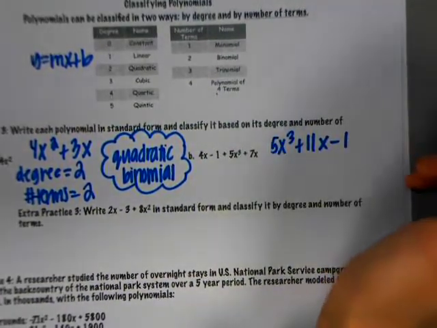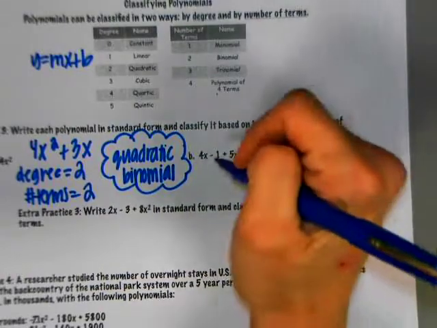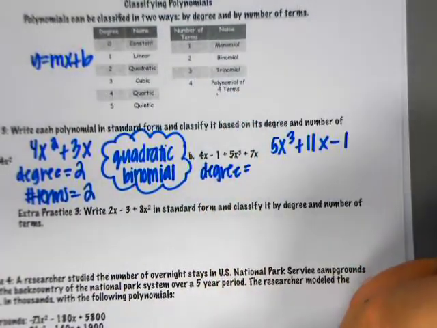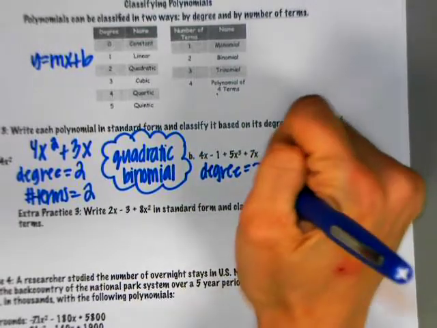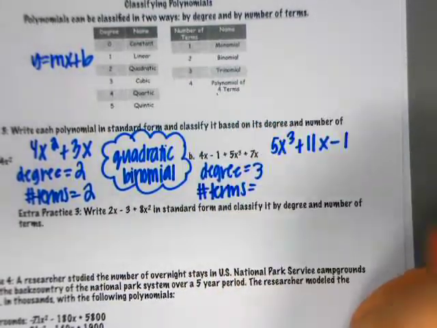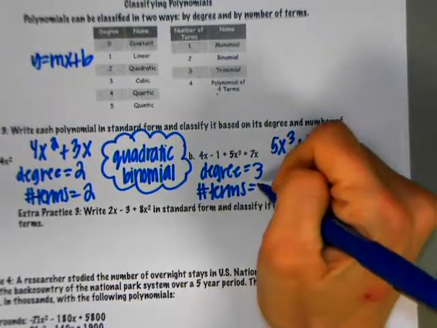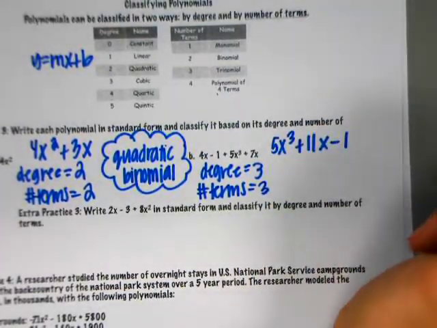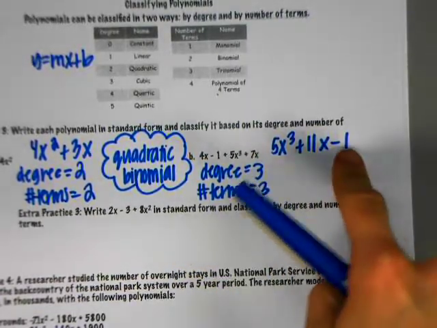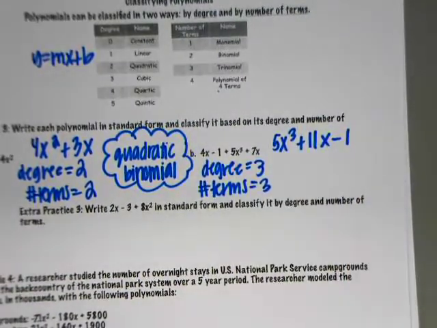So now, the degree is what? 3, yep. And the number of terms is what? 3. So a degree of 3, what? It's like 1, 2, 3. Yeah, terms are separated by addition and subtraction signs, if you're having trouble counting them.